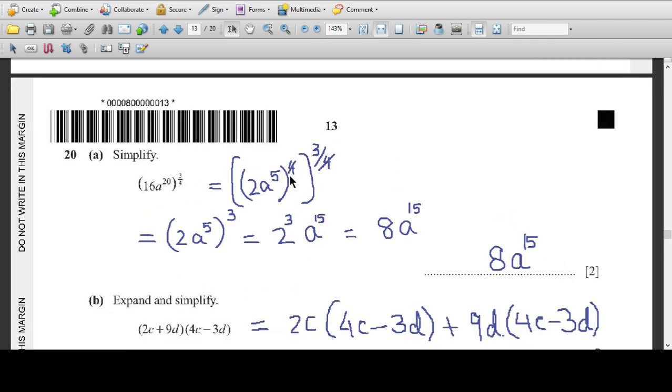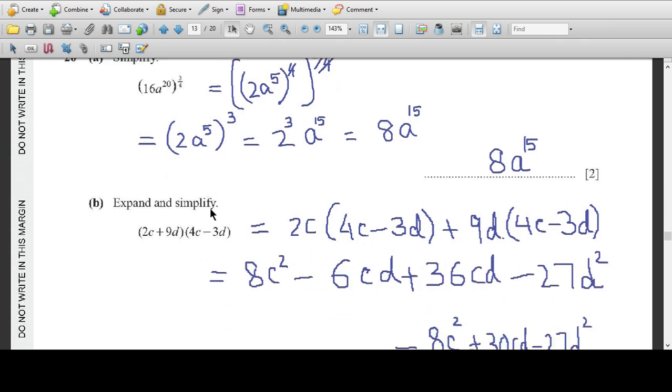So this 4 will cancel out with this 4 in the denominator, and now we have 2a power 5, whole power 3. So we'll take this power on 2, and a power 5 is also 3. So 3 fives are 15, and 2 power 3 is 8. So 8a power 15. This is the answer. This simplification is obtained as 8a^15.